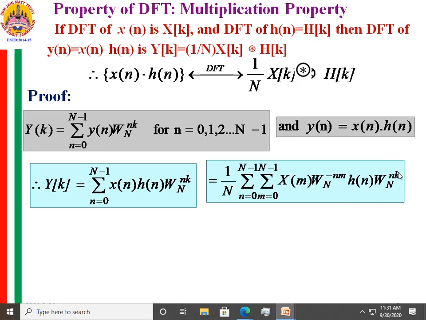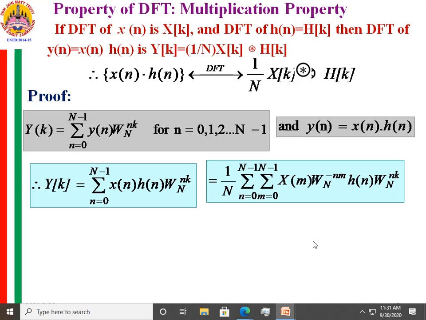Now to differentiate between these two frequency components, I am using the summation with respect to the variable m. So x[n] is replaced with this summation expression into 1 by N. Getting it? So now if you observe, this X[m] is not a variable of n.